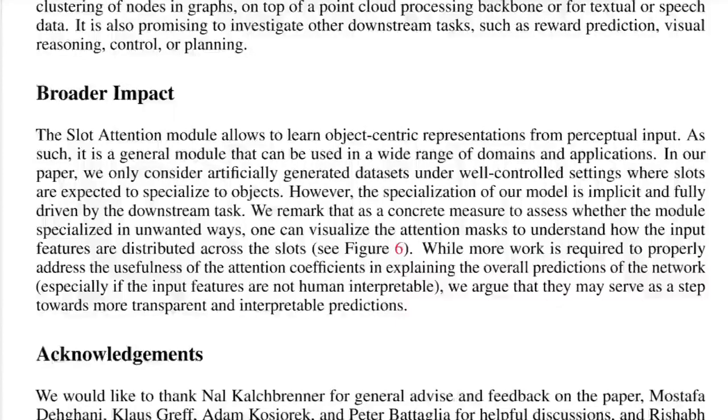Let's go through it. It says, the slot attention module allows to learn object-centric representation from perceptual input. As such, it is a general module that can be used in a wide range of domains and applications. In our paper, we only consider artificially generated datasets under well-controlled settings where slots are expected to specialize to objects. However, the specialization of our model is implicit and fully driven by the downstream task.